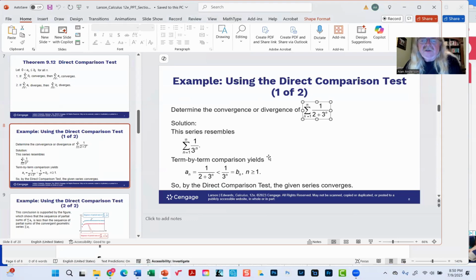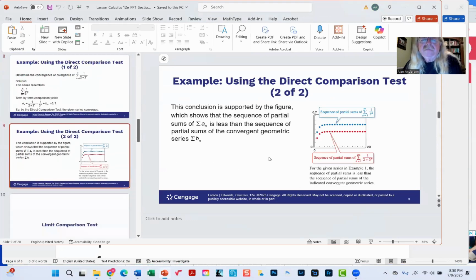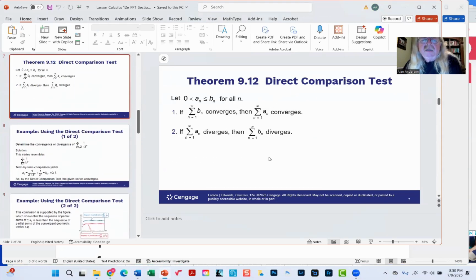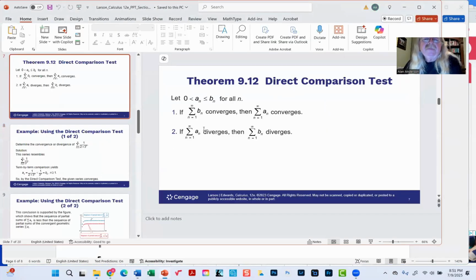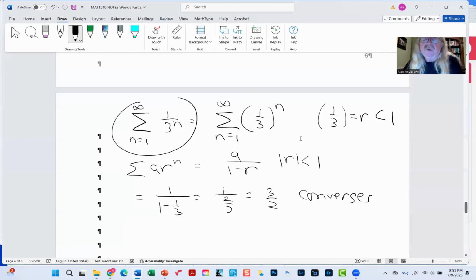Okay, so therefore, by the way, the larger of the two is the B, the way they wrote it here.